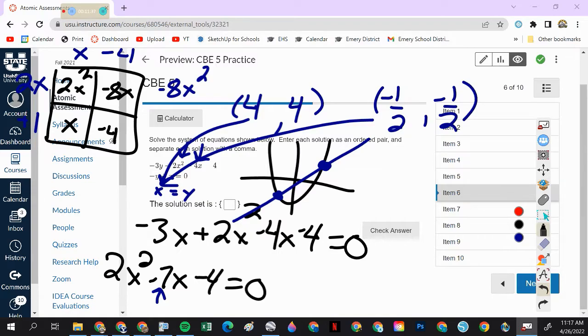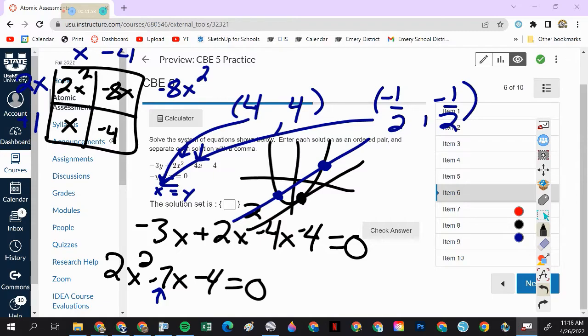Now, is it possible for these to touch only once? Yeah. It could happen that you have a single intersection. Is it possible to have no intersection? Yes. How would you know if you had no intersection?